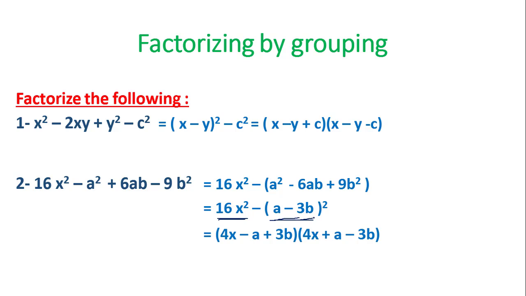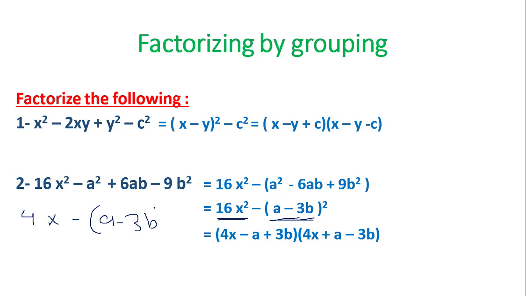I'll take the root, so the root will be 4x. This is the first 4x. Then the first time I'll take the summation, so minus a minus 3b.